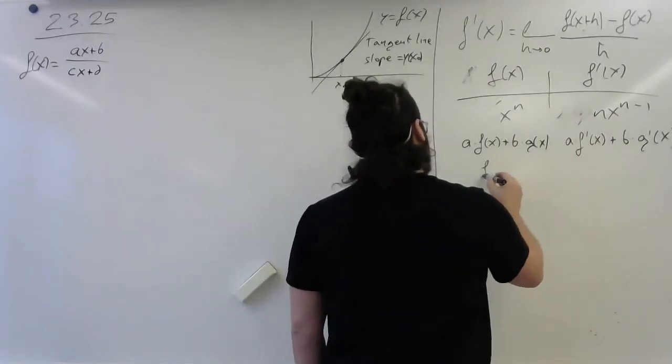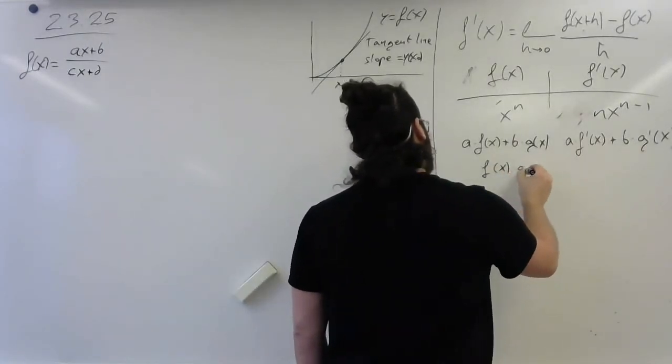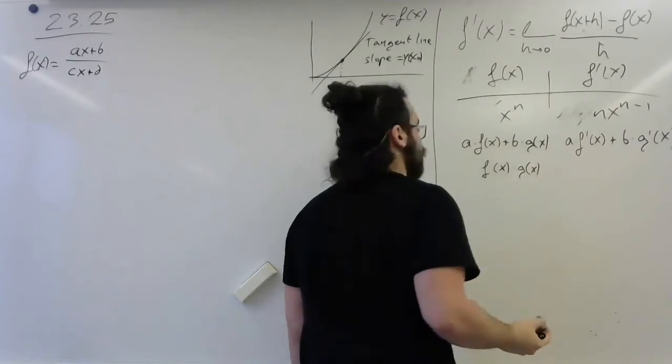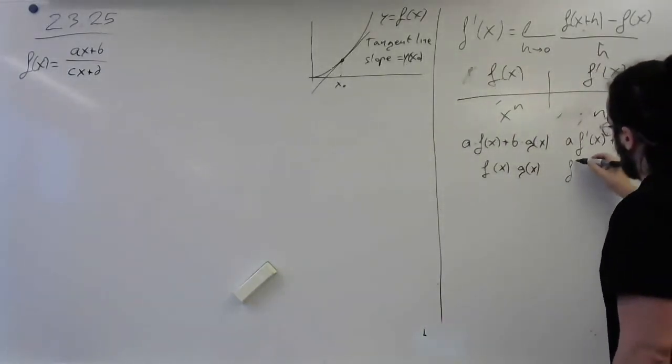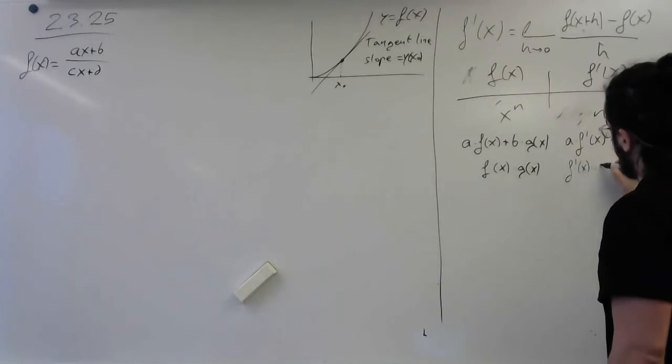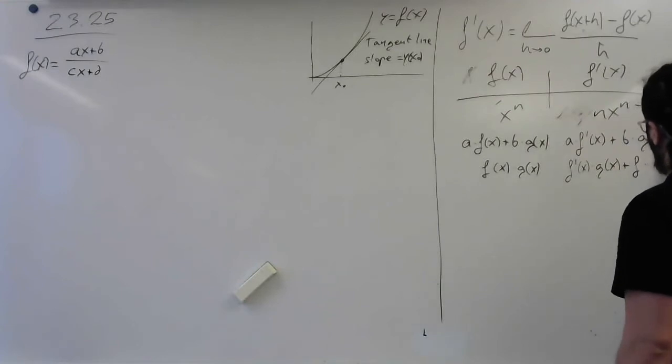another rule of derivation. We have the product of two functions, and we derivate it. We get f of x times g plus f times g prime. Okay?